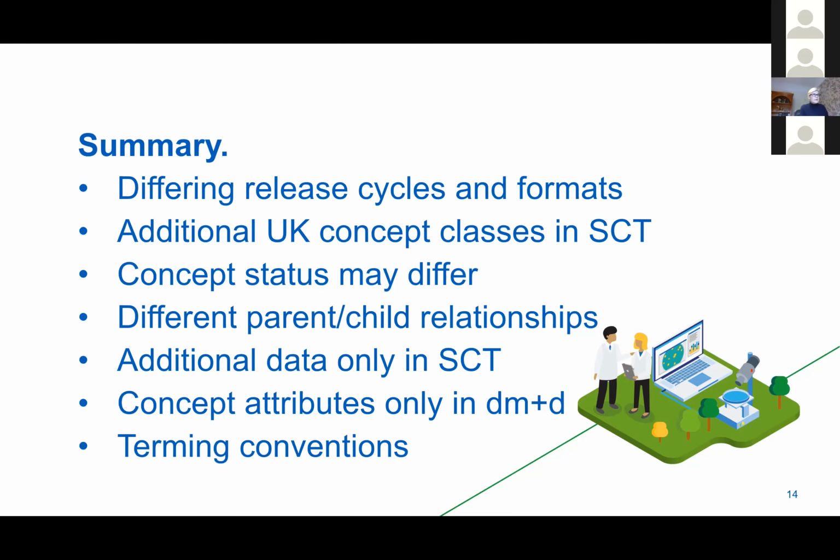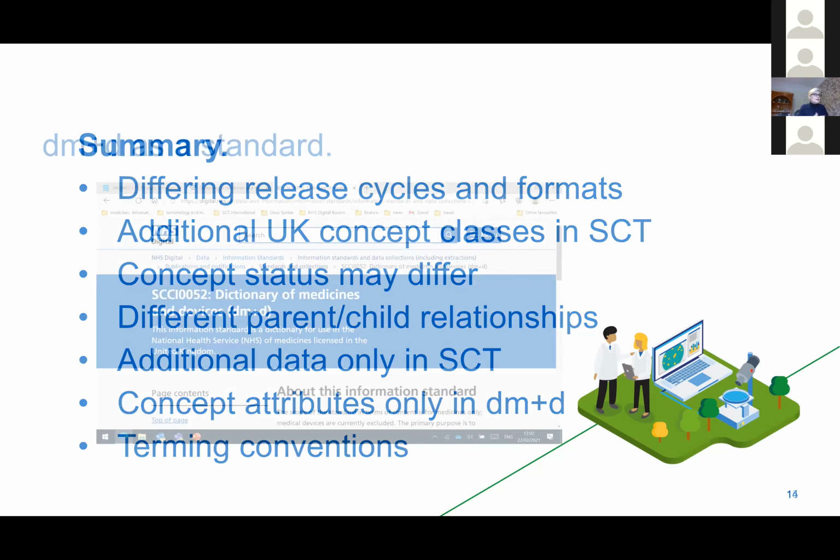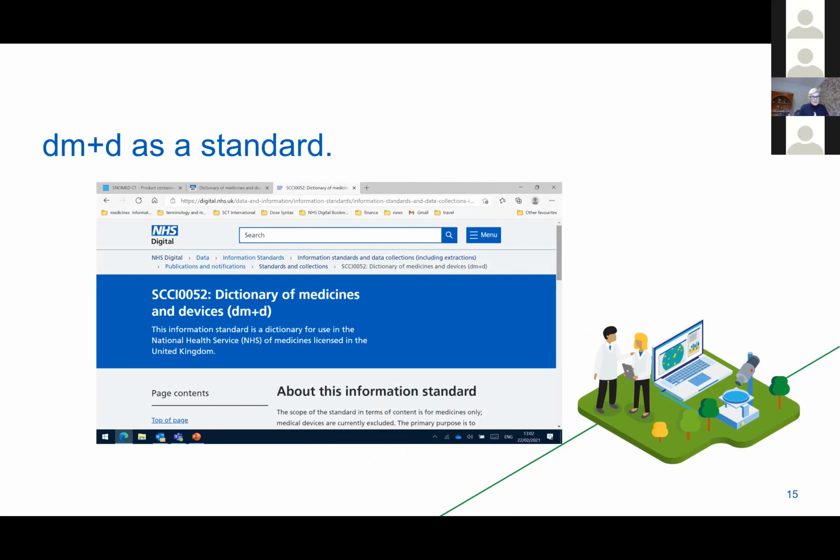So, differences. Then this next slide is about dm+d as a standard. dm+d is an NHS interoperability standard, which means that dm+d is the terminology to be used for the transmission of medicines information between systems.